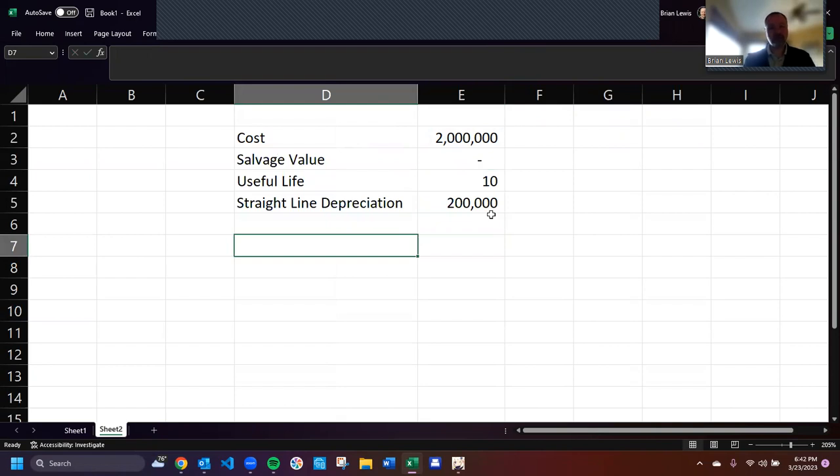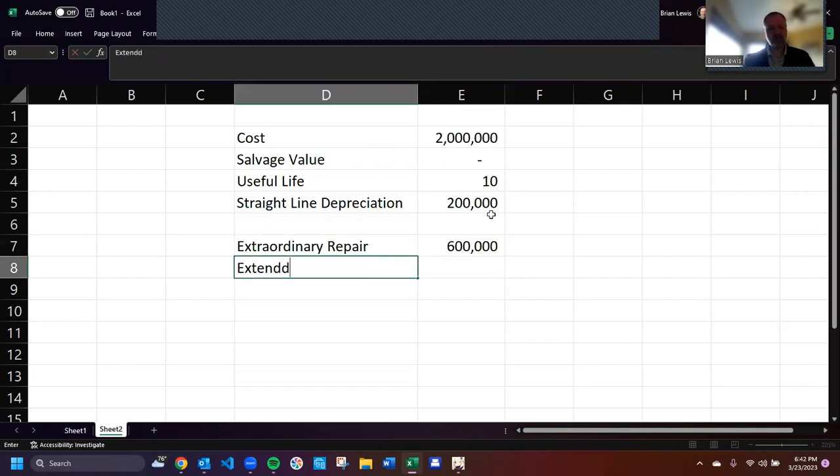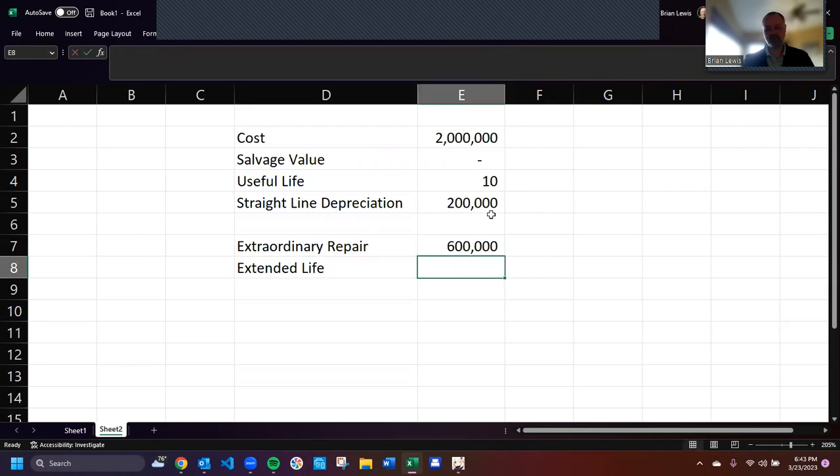So in year 5, effectively they called year 10, but then there's an extra, sorry, I'm thinking extraordinary repair of $600,000 that extended life by 5 years.